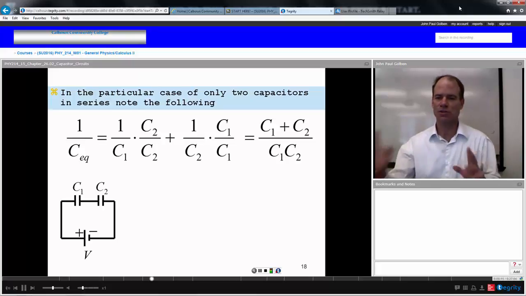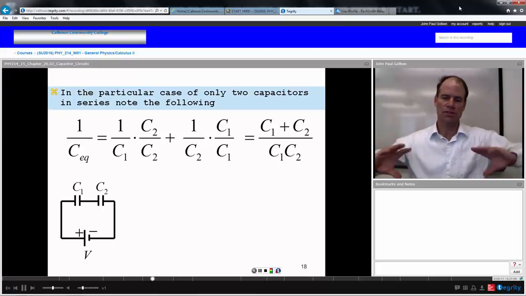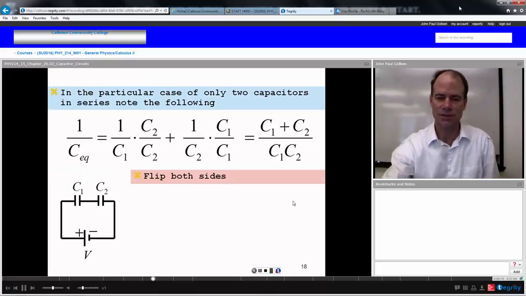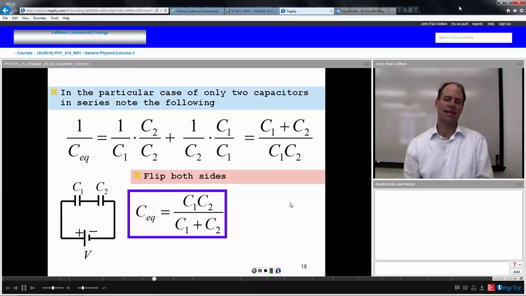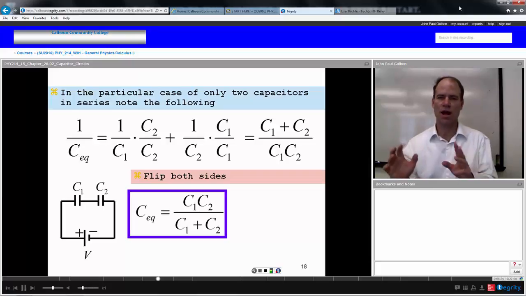I can algebraically solve for C equivalent or just flip both sides of the equals. And we have C equivalent is equal to C1 times C2 over C1 plus C2. In other words, our equivalent capacitance for a series combination of 2 is equal to the product over the sum.